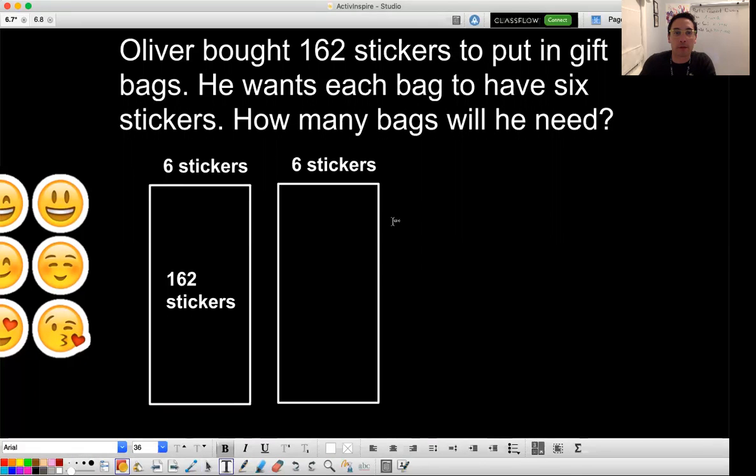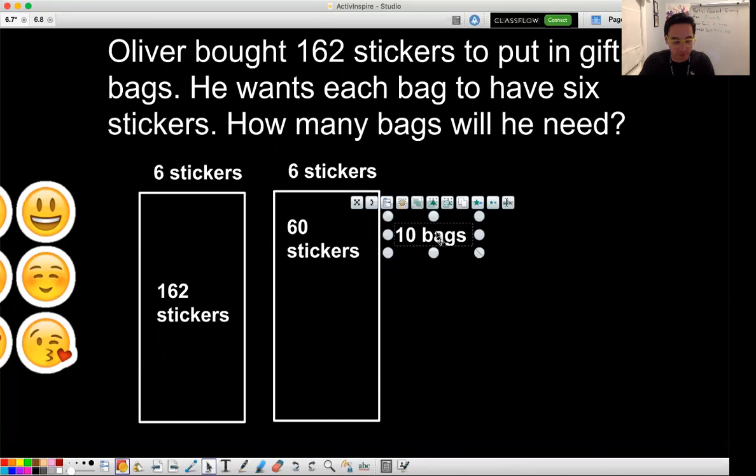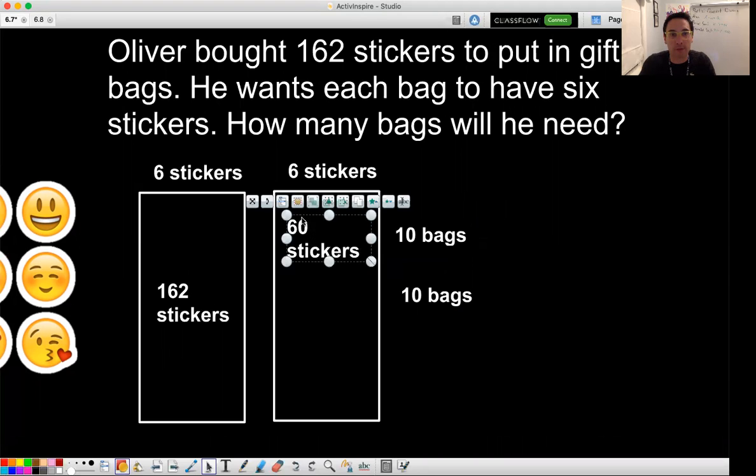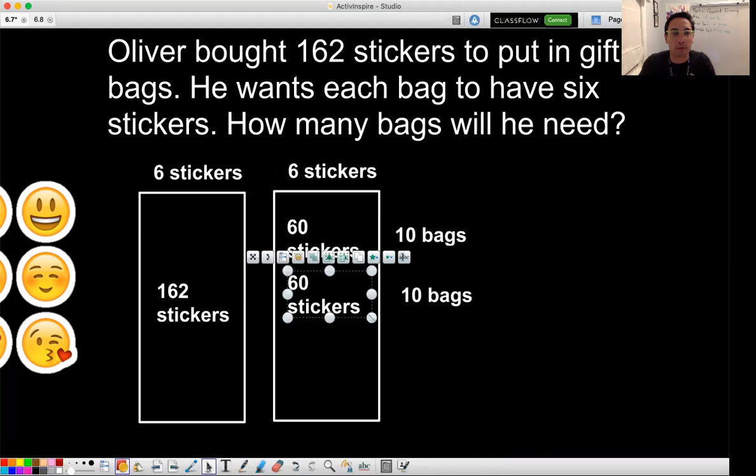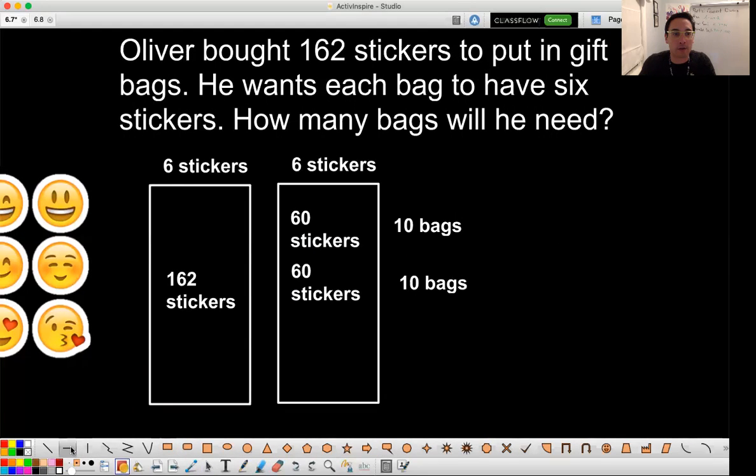So let's do some 10s. 10 bags. If he has 10 bags, how many stickers will that give him? 60 stickers. All right. If he has 10 more bags, then he can have 60 more stickers. So we know 60 and 60, he has now 120 stickers.